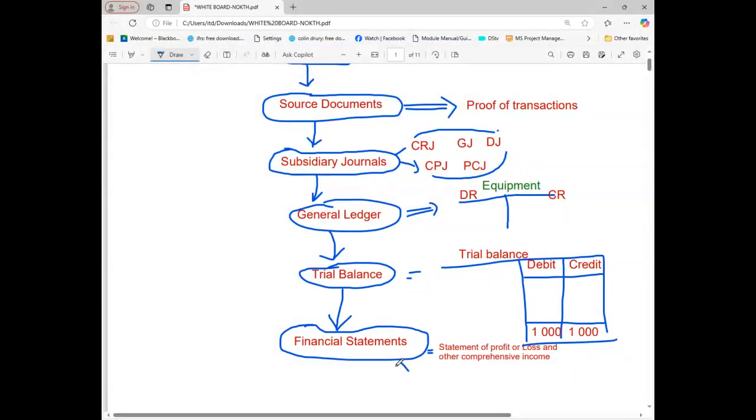Okay. And the other one is the statement of, do you remember that statement? Have you ever seen this? Financial position. Yes, I've heard of that one too. It was called balance sheet before.